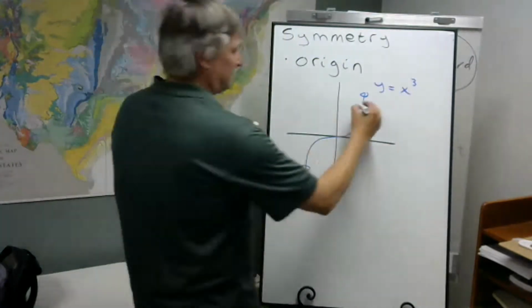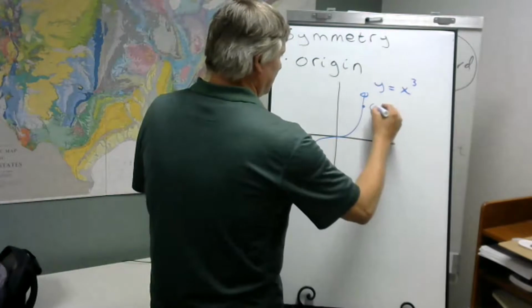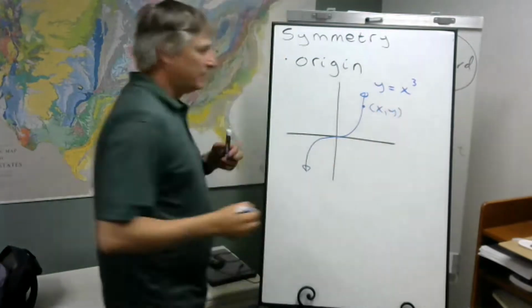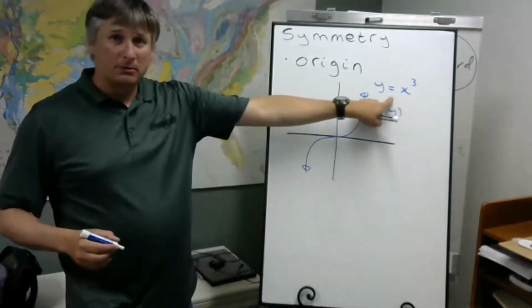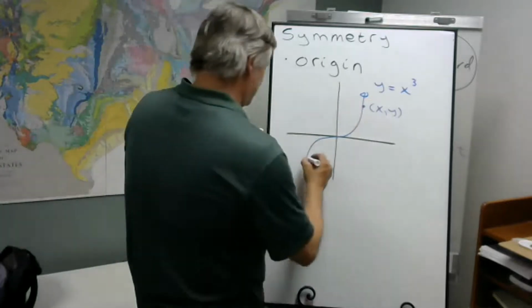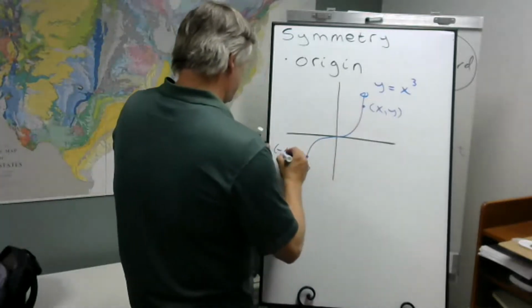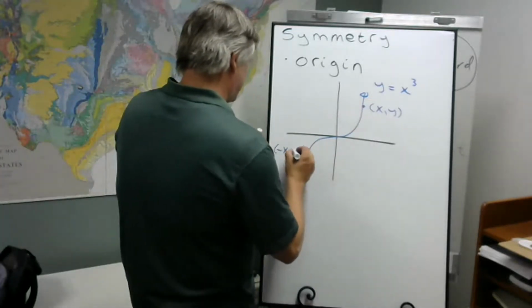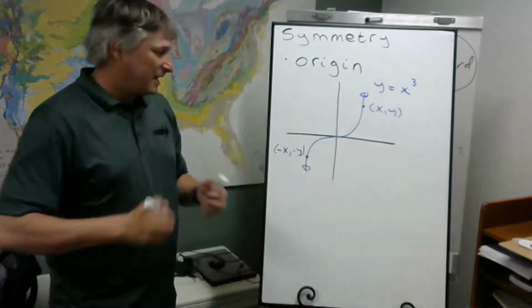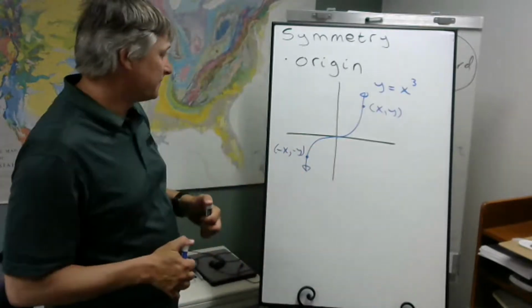So what this one says, if (x, y) satisfies the equation, then so will (negative x, negative y). That'll also satisfy the equation.